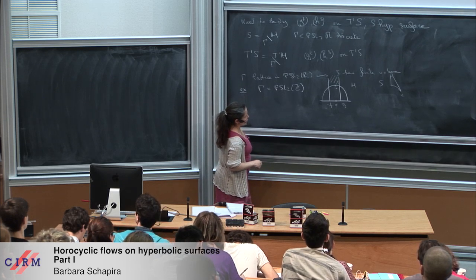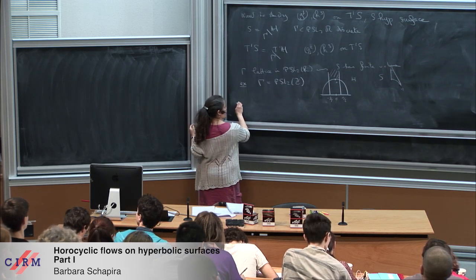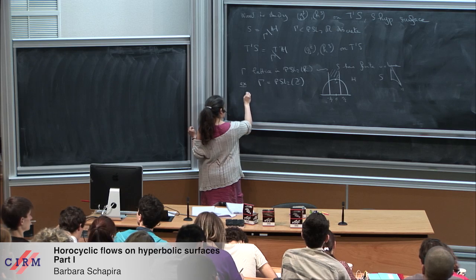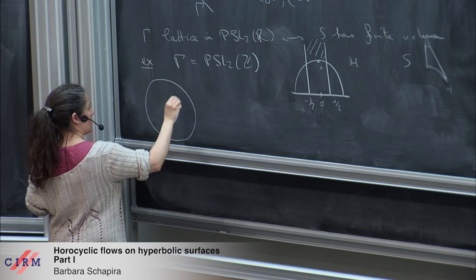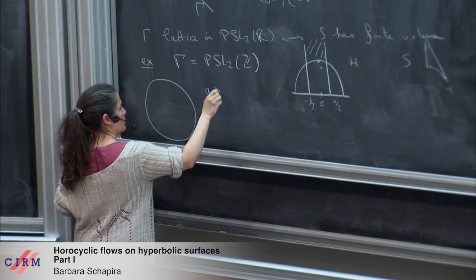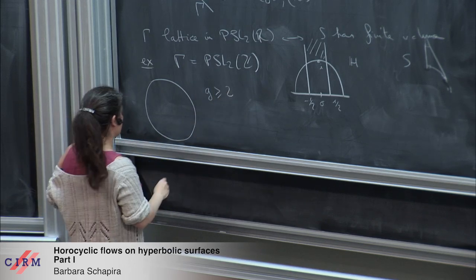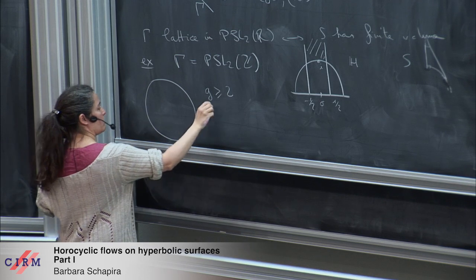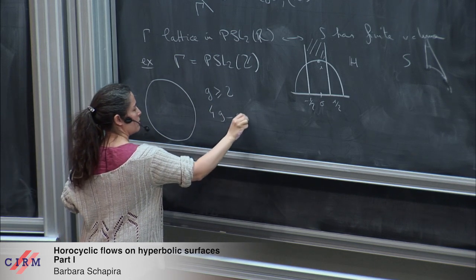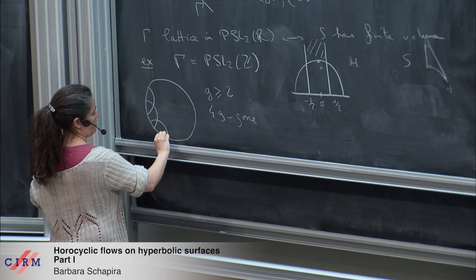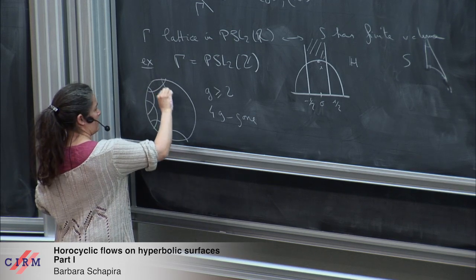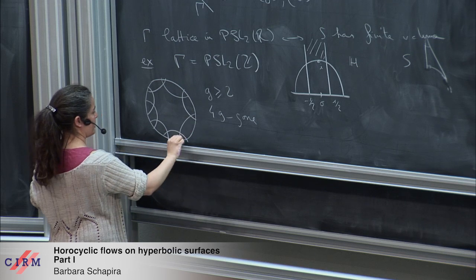If you prefer compact surfaces, there is a classical construction. For any integer g at least 2, you construct a 4g-gon with right angles. I will try. Okay.